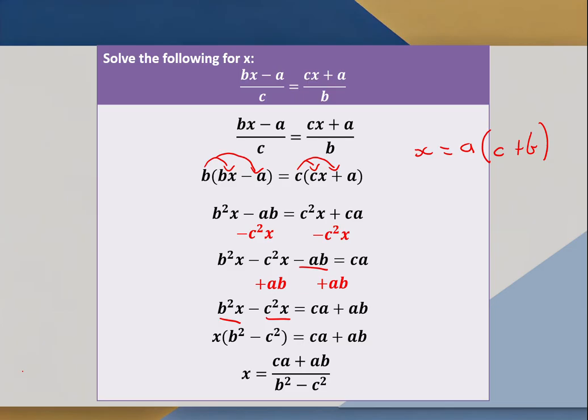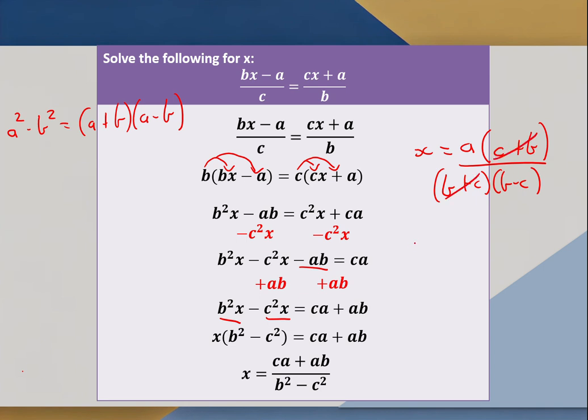So the difference of two squares, I'm going to write over here, a squared minus b squared is equal to a plus b, a minus b. So I'm going to use that rule. Instead of a, it's b. Instead of b, it's c. So it will be b plus c, b minus c. c plus b cancels out and leaves me with x is equal to a over b minus c.